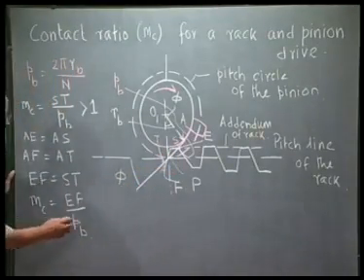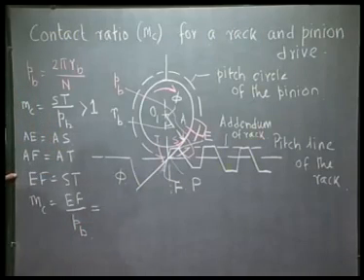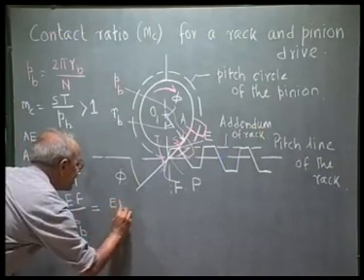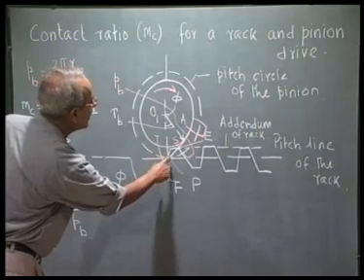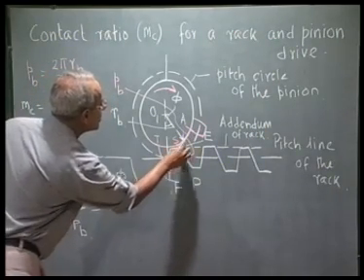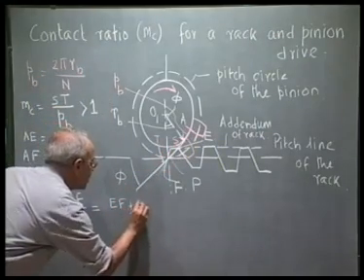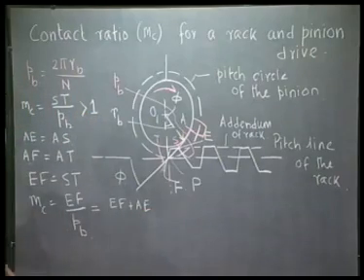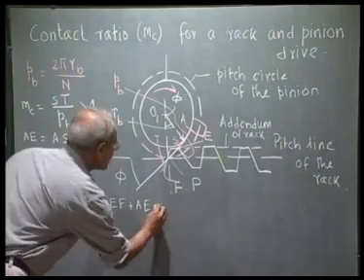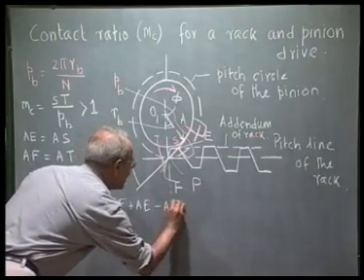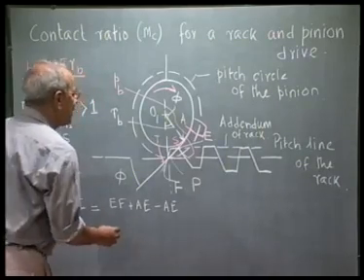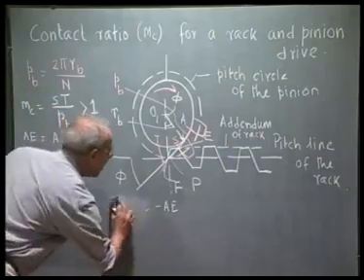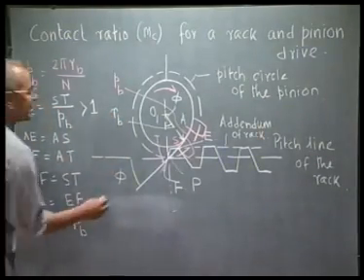EF I can write as, this is EF, this point is E, this point is F. So, I add AE, and I also subtract AE, so that way I get, okay, let me not write it this way, let me write it a little differently.